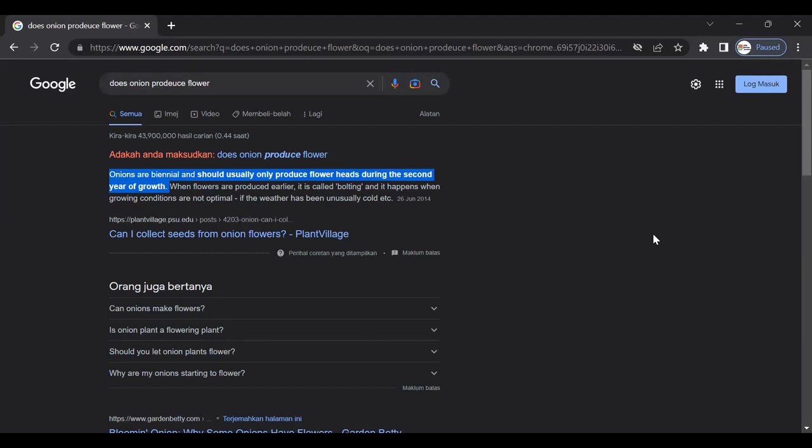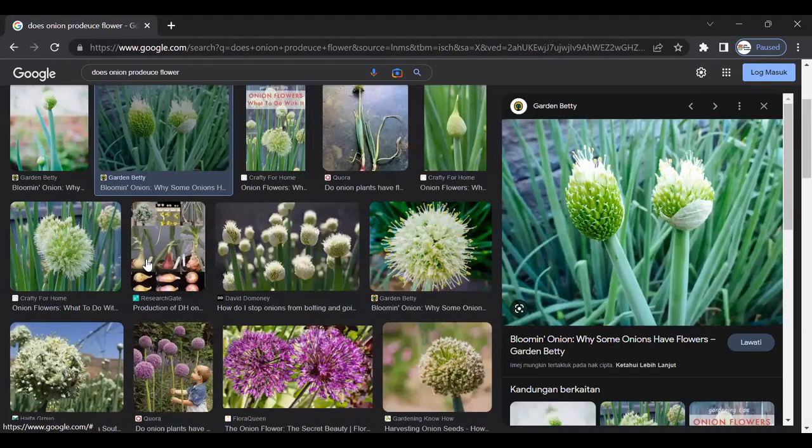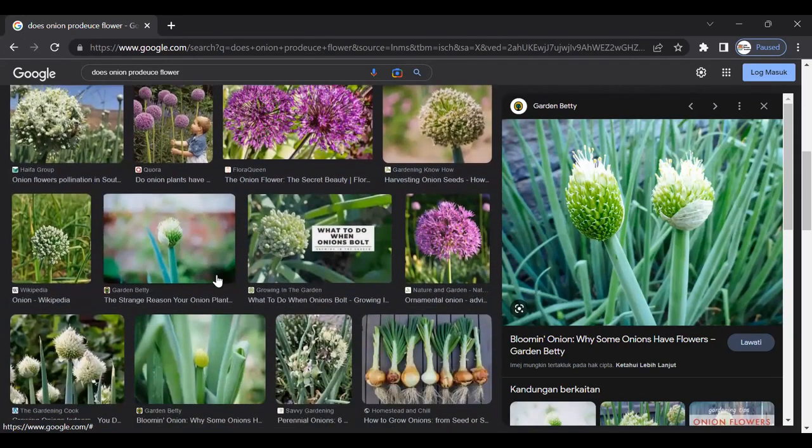You see? Dia menghasilkan flower bila masuk tahun kedua. Biennial. And this is the flower of onion. I also never seen this before. Saya pun tak pernah tengok bunga onion.